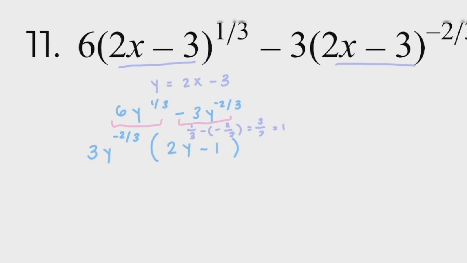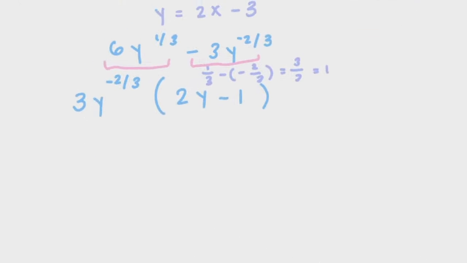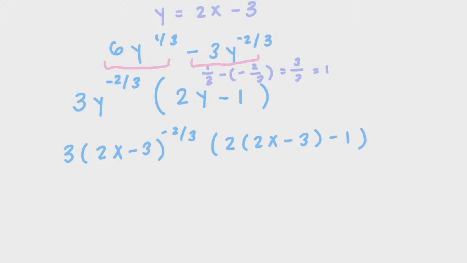So our original problem doesn't have any y's, so now we want to go back and replace the y's with 2x minus 3. So this will be 3 times 2x minus 3 to the negative 2/3 times 2 times 2x minus 3 minus 1. So in that step, I replaced y's with 2x minus 3. And inside the brackets here, I can distribute the 2 and simplify.